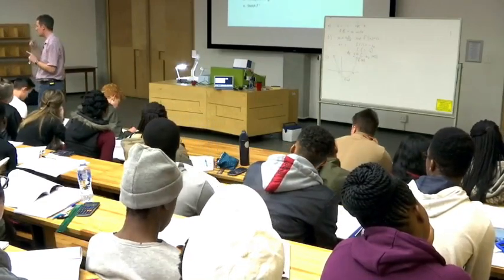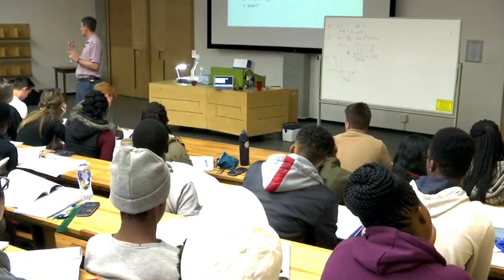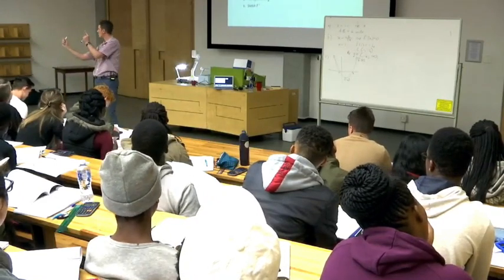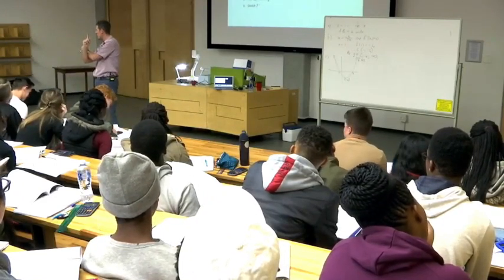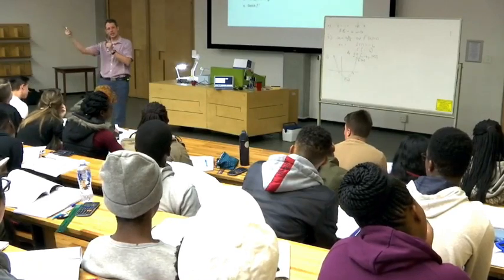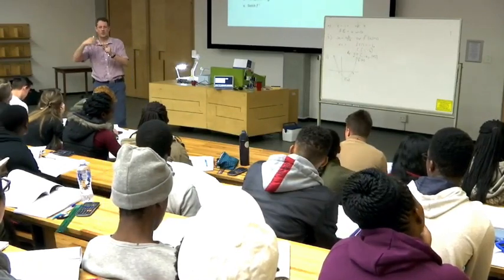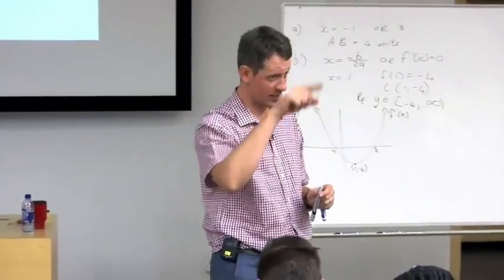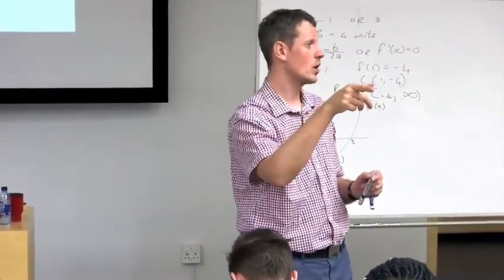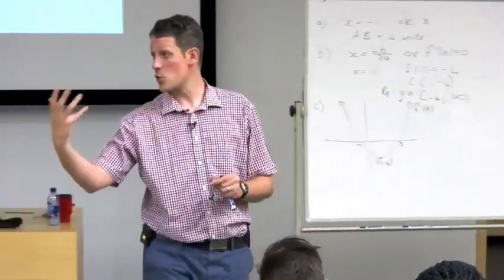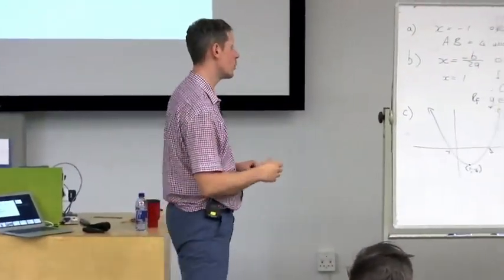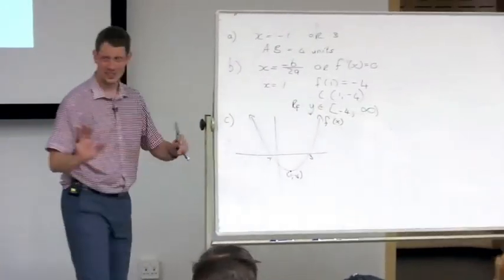Because remember, f to the -1 means inverse, so x and y are swapped around. So f to the -1 of x represents x values. Tomorrow we're going to work with f accent and f double accent, so derivatives. What do derivatives represent? We'll have a look at that tomorrow. Don't stress.